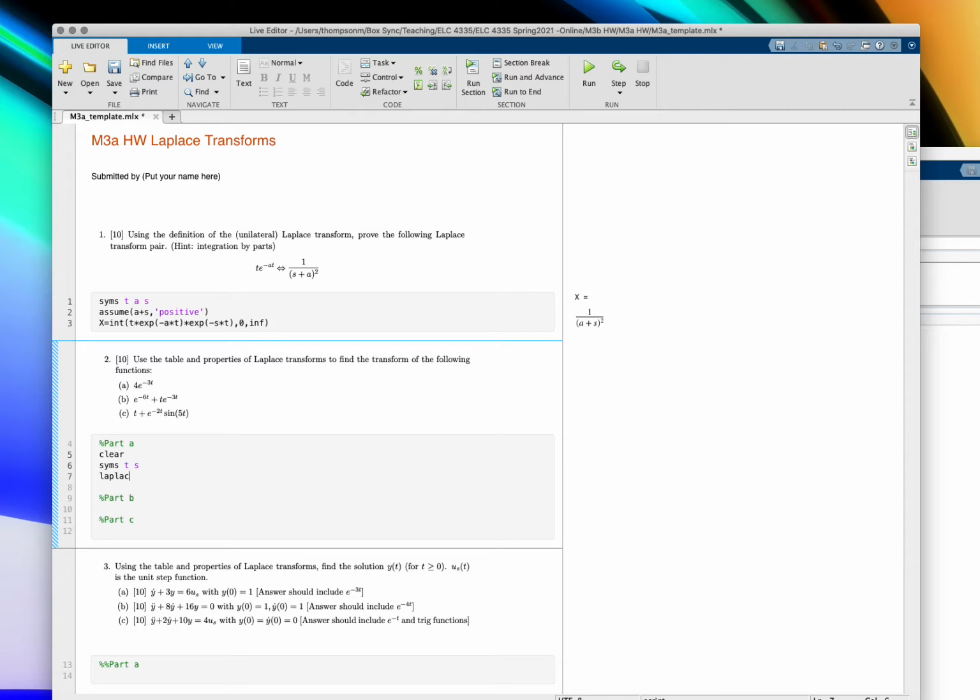Then it's just typing in the function, running this, and getting the result. That's exactly the result we would expect to get. Do that for the remaining parts, and again, you can reproduce this in your work.